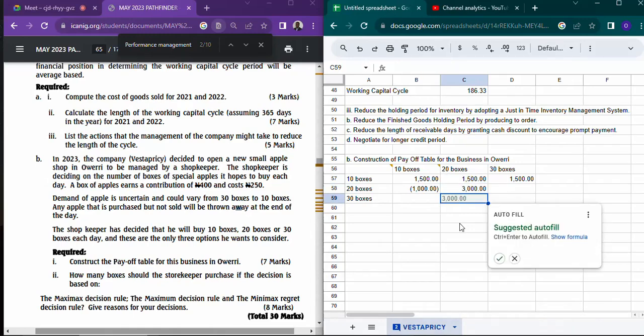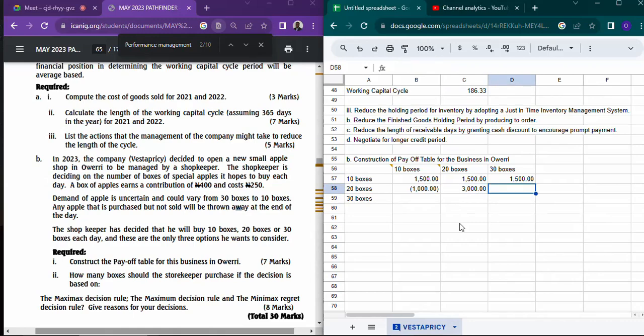That's 3,000, right? And for the last one, he cannot sell more than he has purchased, right? So he's only going to do 20. Even when they demanded for 30, he's only going to sell 20.